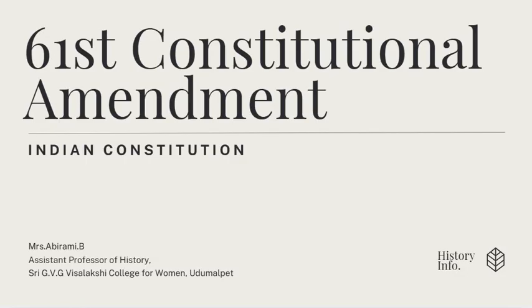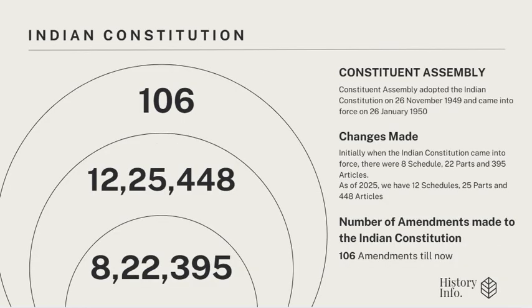Indian Constitution. So the Indian Constitution was framed and adopted by the Constituent Assembly on 26 November 1949 and came into force on 26 January 1950. And as for the changes made to it, initially when the Indian Constitution came into force, there were 8 schedules, 22 parts and 395 articles.